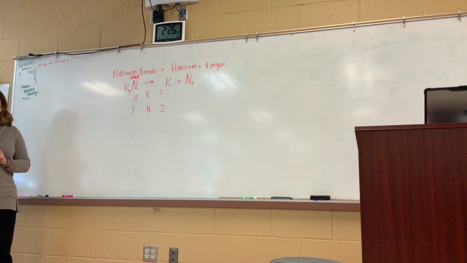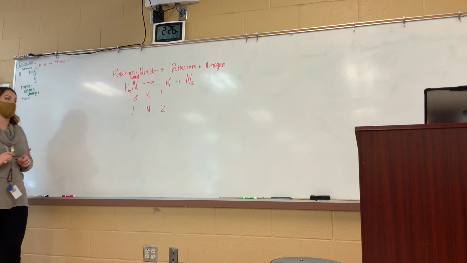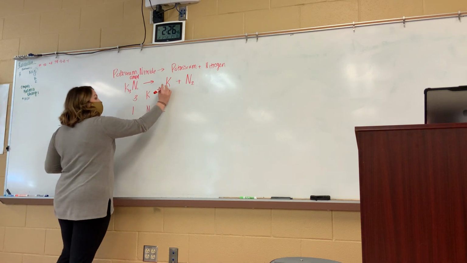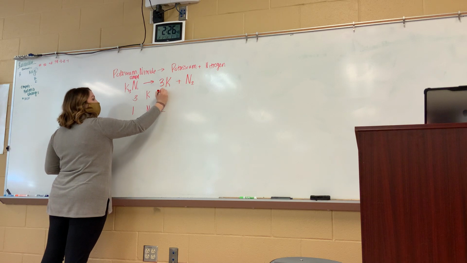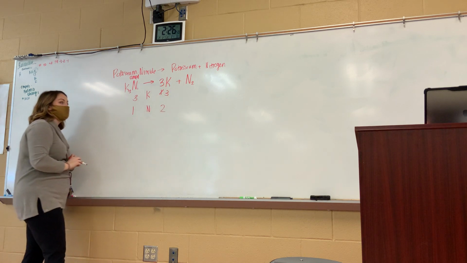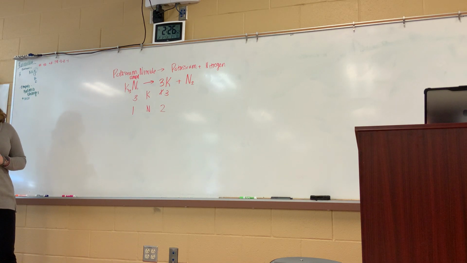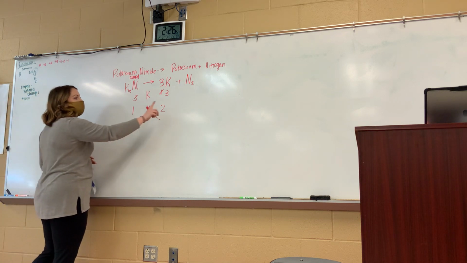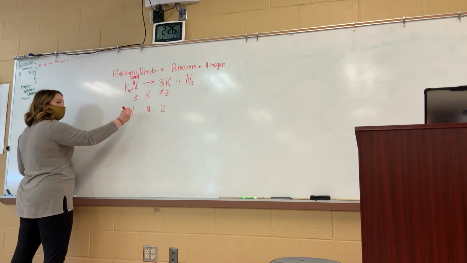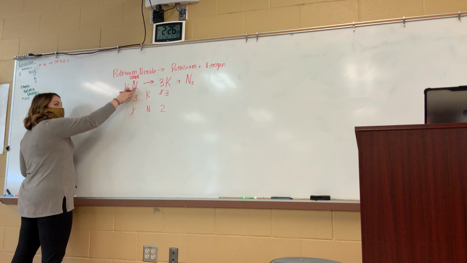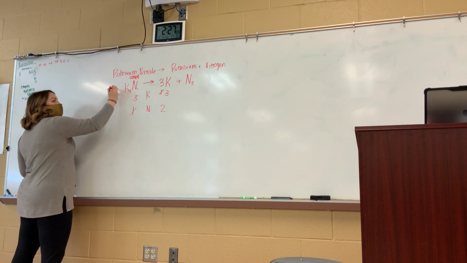So I need to make my K's balance on either side. So the only one I can change is this one. So I'm going to put a 3 in front to make 3. Okay, now my nitrogen's out of balance, so the only one I can affect is this one. How do I get this nitrogen to a 2? Put a 2 in front.